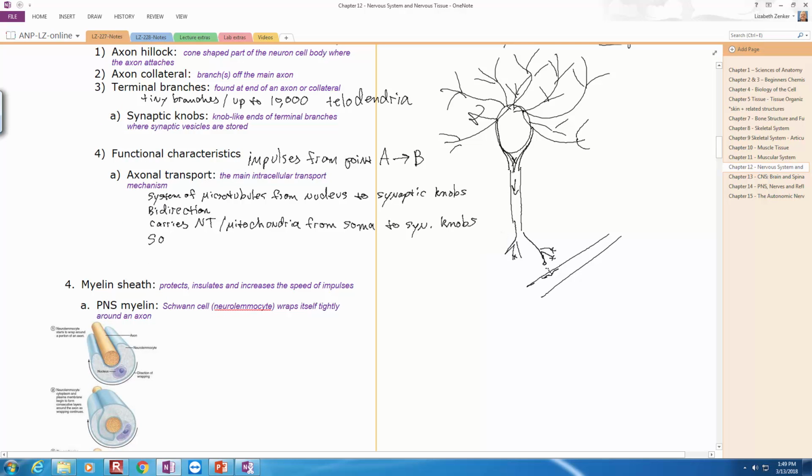Some viruses use this mechanism, this bidirectionality, and the microtubule system. So some viruses use this mechanism to move within the neuron.